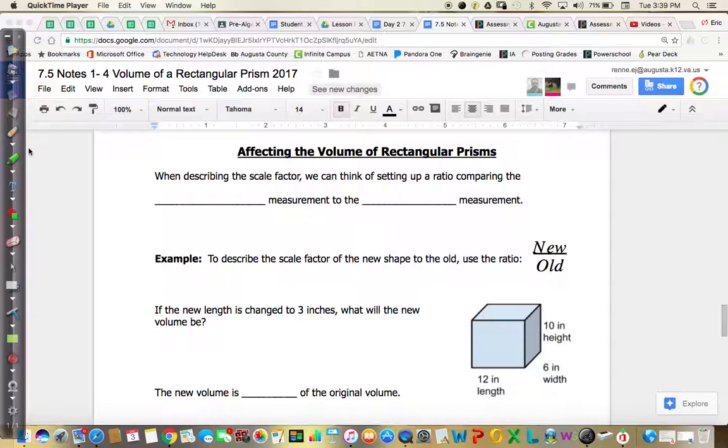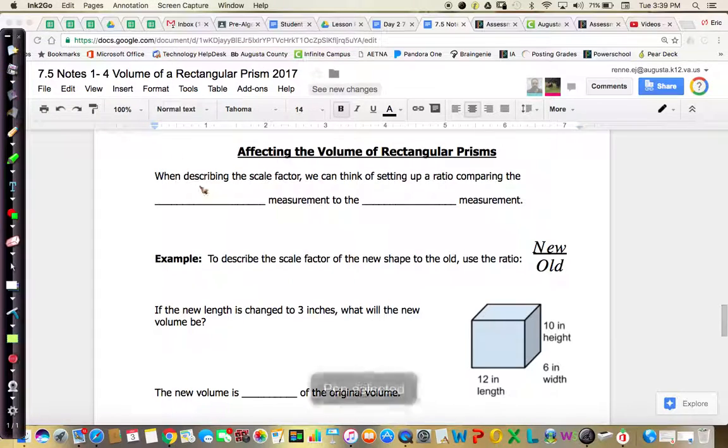So when describing the scale factor, we can think of setting up a ratio comparing the new measurement to the old measurement, okay? And this ratio, to describe the scale factor of the new shape to the old, use the ratio new over old. And I'm going to show you two ways that you can calculate the ratio here, okay?